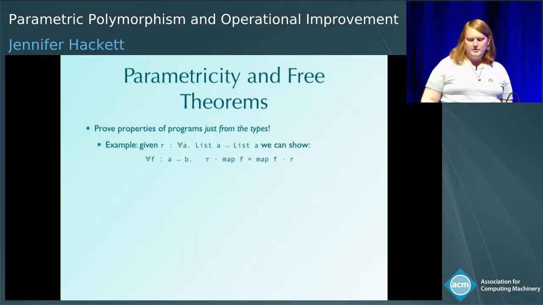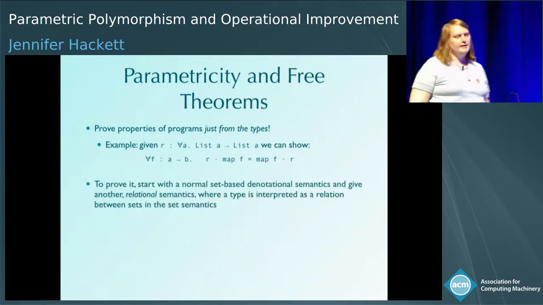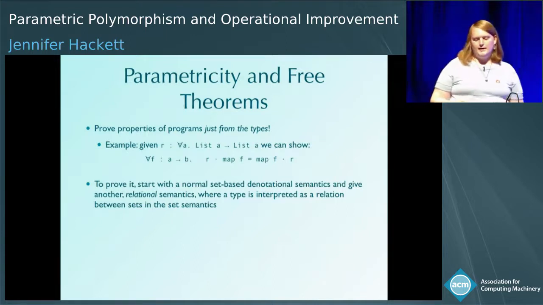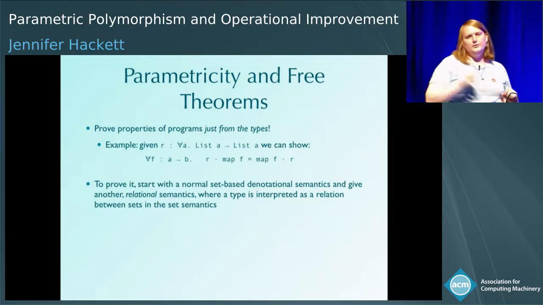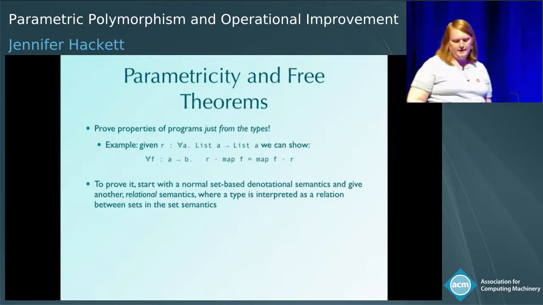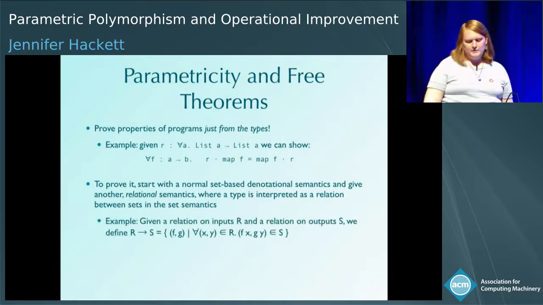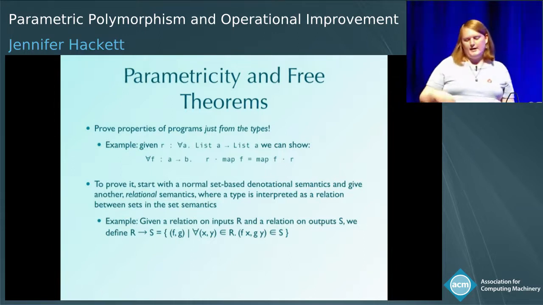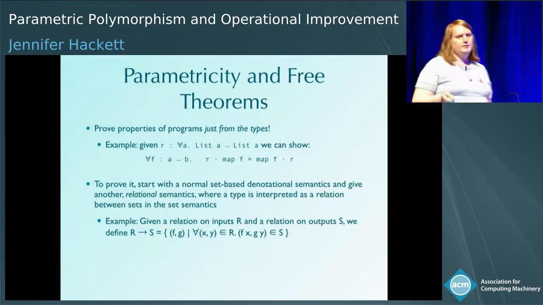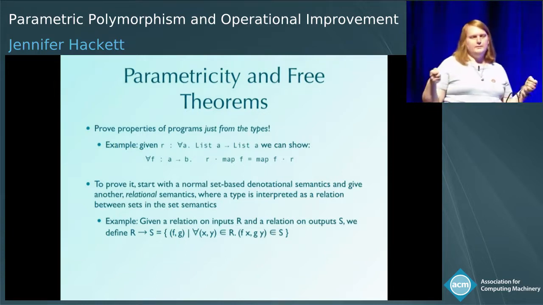Well, usually what you do is you start with some kind of set-based semantics, and then you give a relational semantics on top of that, where the types are relations. So in one semantics, you've got types as sets, and then on top of that you've got types as relations. If you have a relation on inputs R and an output S, then you can think of R to S as a relation that tells you the function takes related inputs and gives you related outputs.